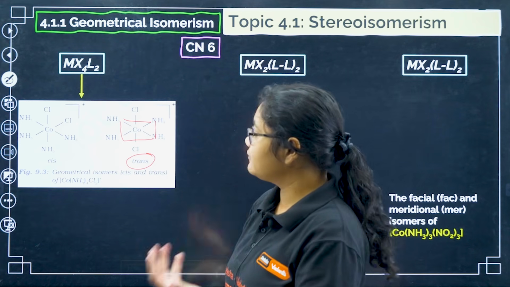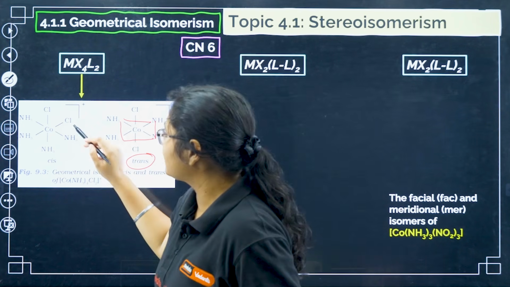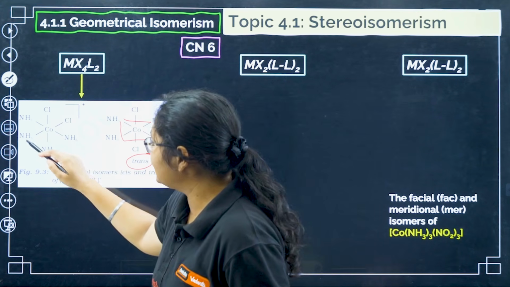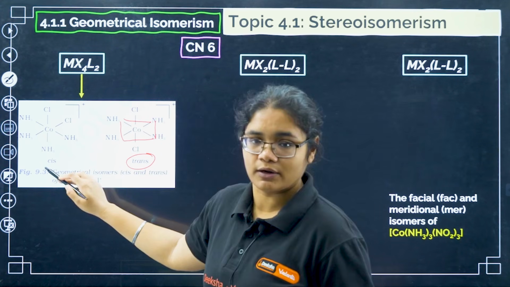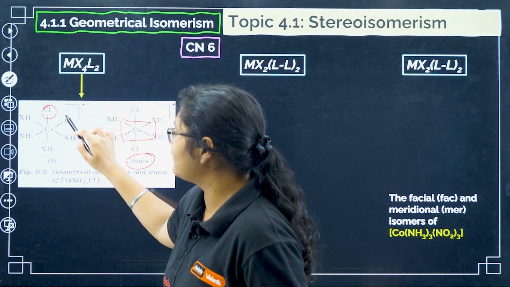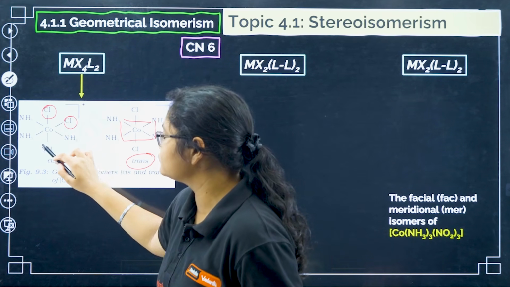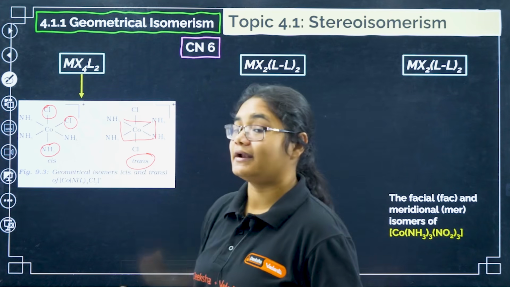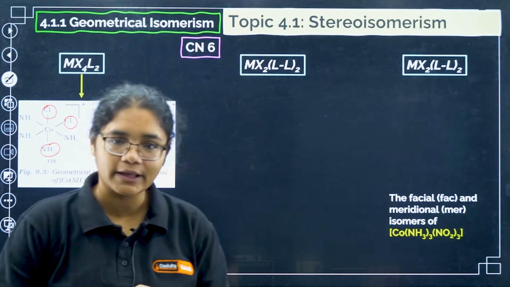If there is nothing directly opposite, for example 3 NH3 in the plane, 1 chlorine in the plane, 1 chlorine at the apex and 1 NH3 at the other apex, then any arrangement other than the trans one will be called the cis isomer.